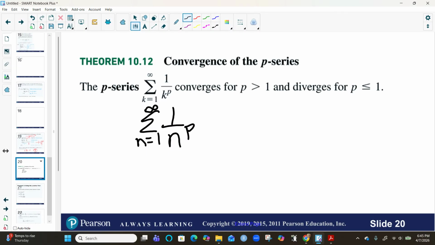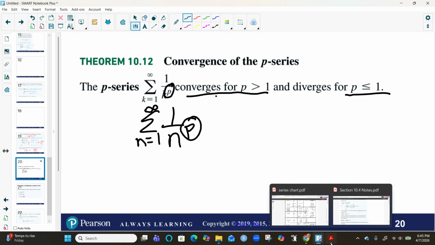And what is going to happen is this P is going to be a number. And the way the P series test works, and this is so convenient, if the P is greater than 1, then the series converges. If the P is less than or equal to 1, then the series diverges.